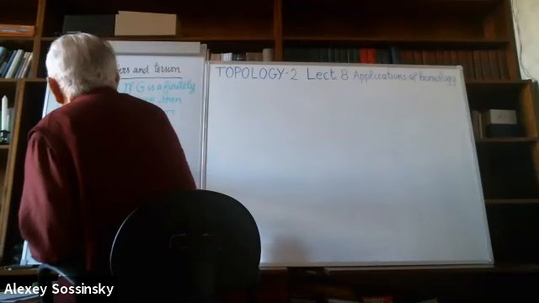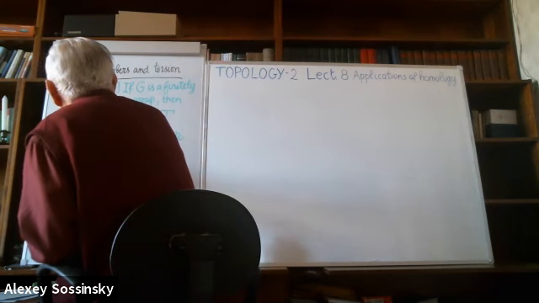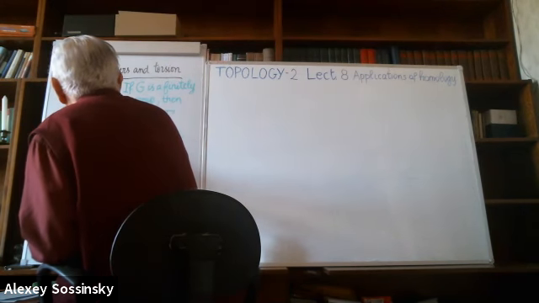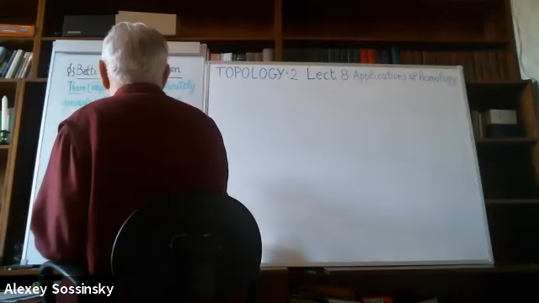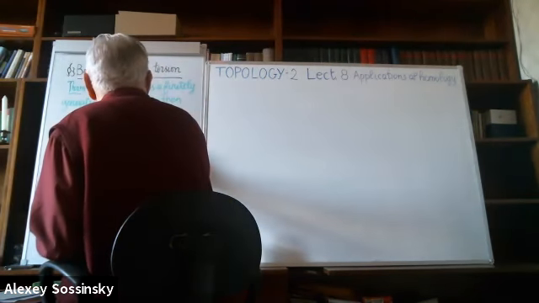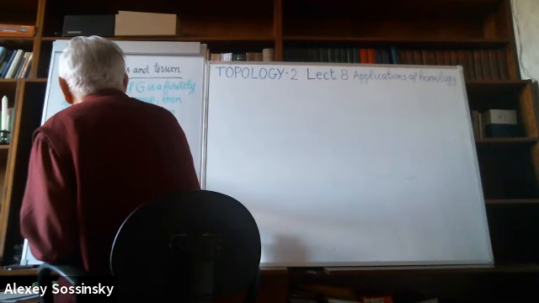So B is called the Betti number, and T is the torsion group.